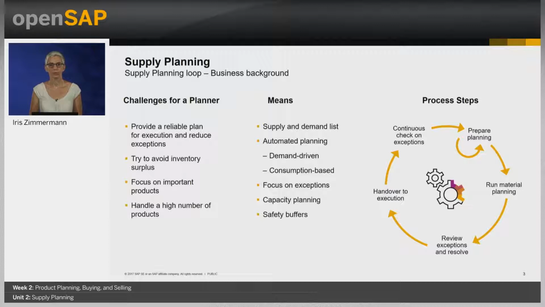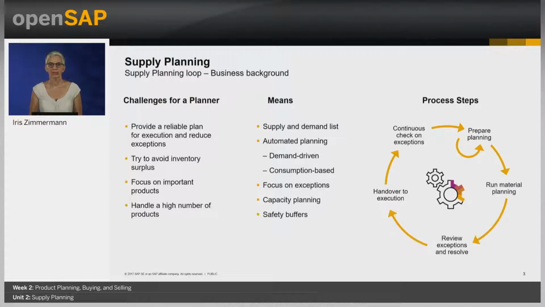The first one is the demand-driven procedure, which considers all kinds of demand and calculates the net required quantity. This is relevant if demand is volatile, lead times are long, or the product is expensive. The second one is the consumption-based procedure that calculates required receipts if the available stock is below a reorder point quantity.